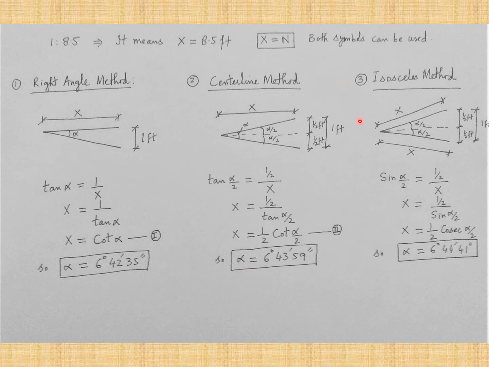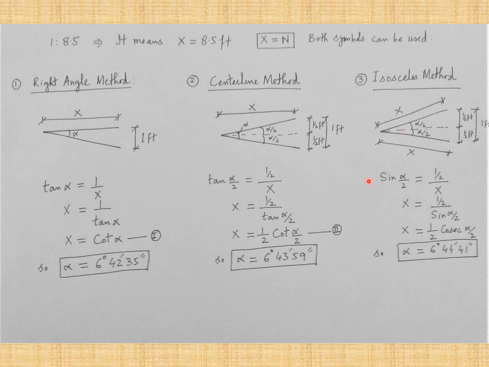In the isosceles method, we are considering an isosceles triangle in which at least two sides are equal. This side and this side are both equal, and the distance X is measured along this particular side. The spread between the two rails is 1 foot, so this is 1 by 2 foot, and this is 1 by 2 foot. This angle is alpha by 2, this is alpha by 2, and the total angle is alpha.